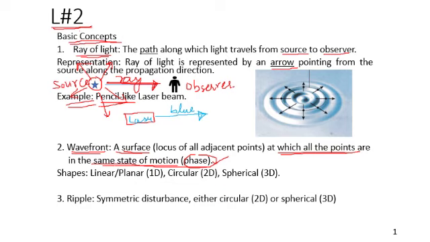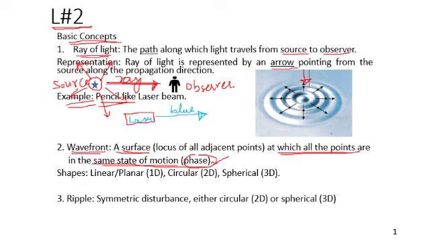So for example, if you look into this figure, suppose this is some calm lake of water, and you drop a pebble, a small stone over here. As the pebble hits the water surface, what happens?